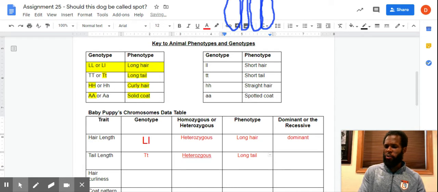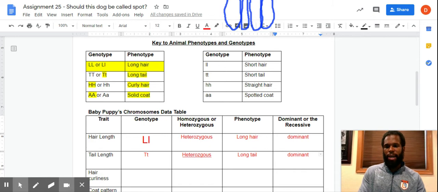And there's at least one capital letter, which means the dominant trait. Next, we have hair curliness. For that, we had big H, big H. Those are the same. So the word for same is going to be homozygous. And we know it's going to be curly hair because there's at least one capital letter that's going to be dominant.